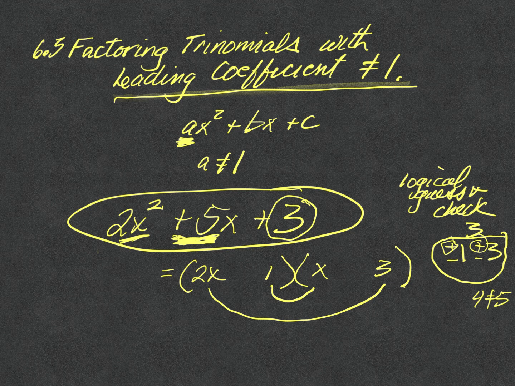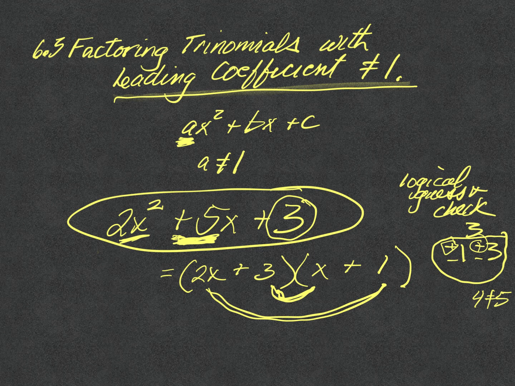Oh, that doesn't work. So I would erase those, and then I would switch them around and put the 3 and the 1, and then that gives me 3x and 2x, which adds to 5x, and that was correct. That was the correct way to do it.